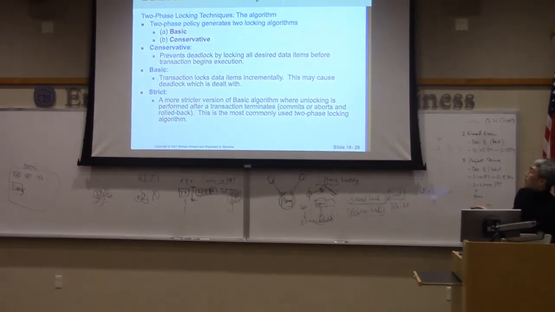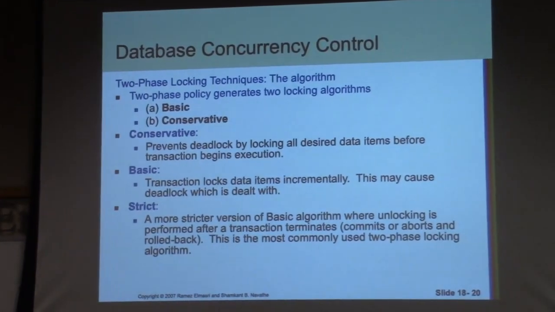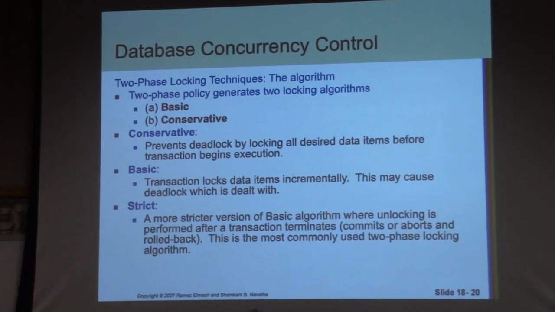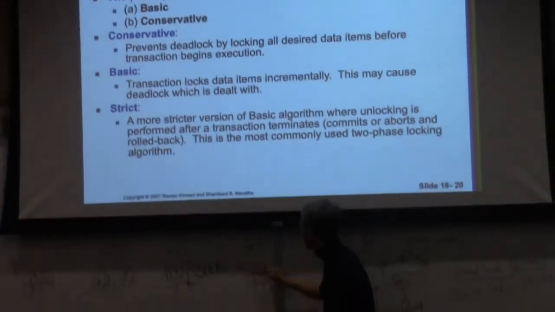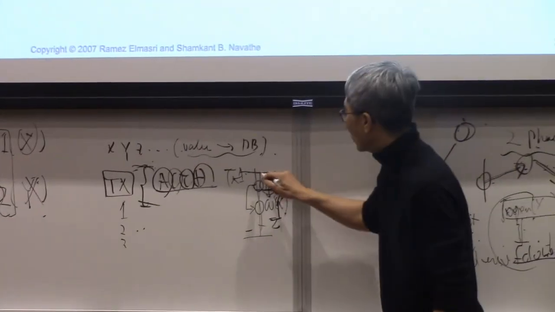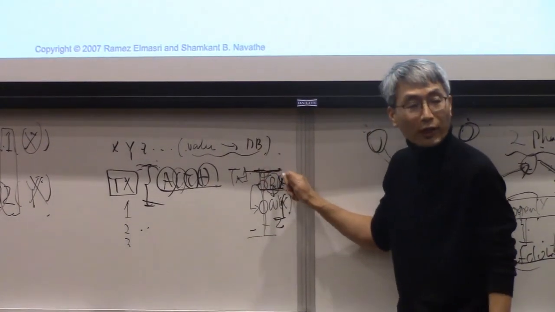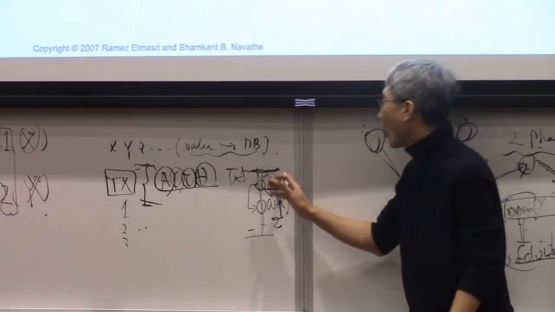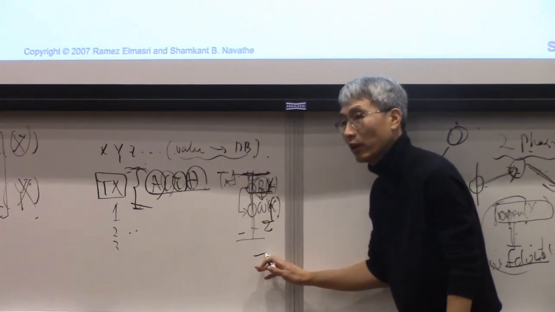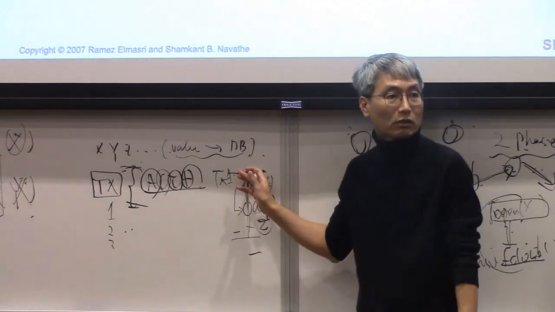Okay, then the basic is you can get the locks incrementally. This is a transaction: you need X here, you need Y here, you need Z here. In the conservative approach, at the beginning of the transaction you need to get all the locks required by the entire transaction. If you do not get the lock of Z, you cannot start your transaction.